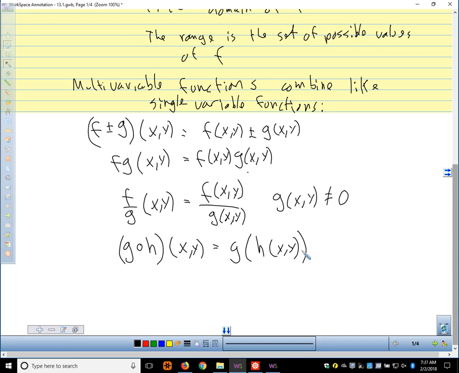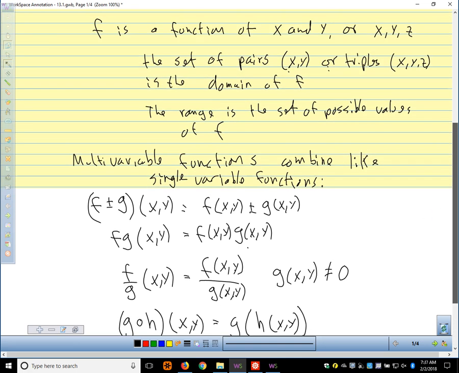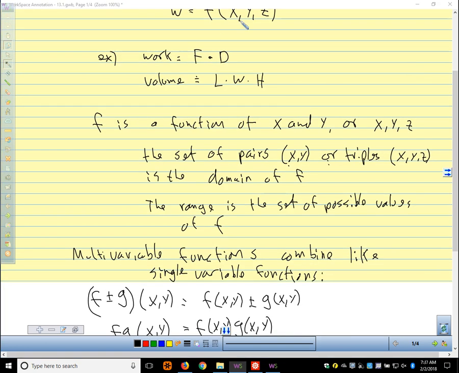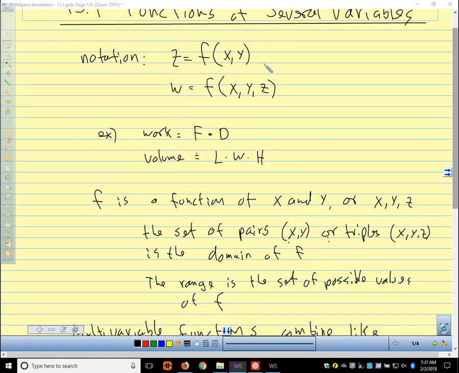Because for z equals f of x, y, we plug in an x and a y and we get a z value, we get a point up in space. Well, the set of those points is going to be a surface. So we want to talk about how we visualize these surfaces, and the surfaces get much more interesting than the surfaces we've talked about so far.